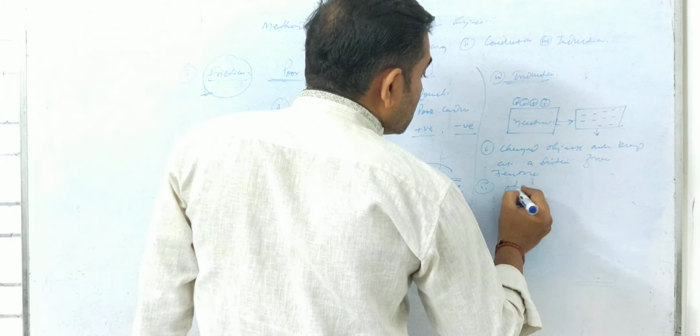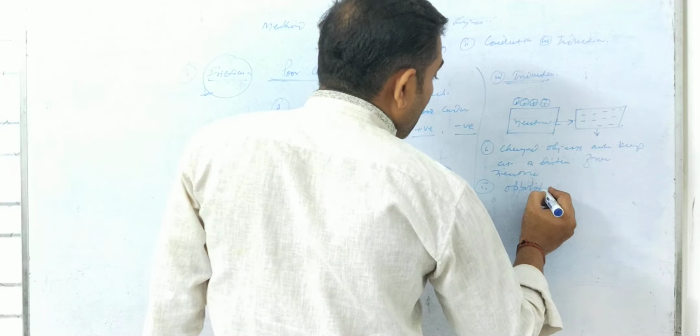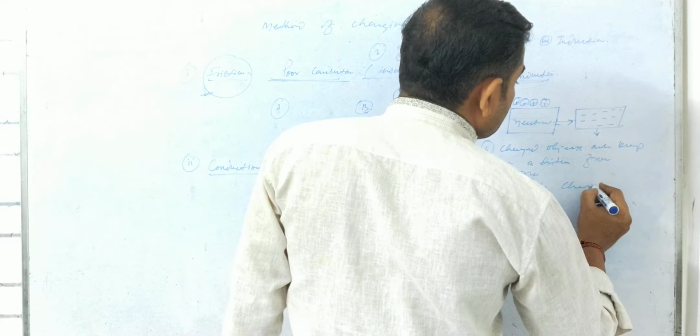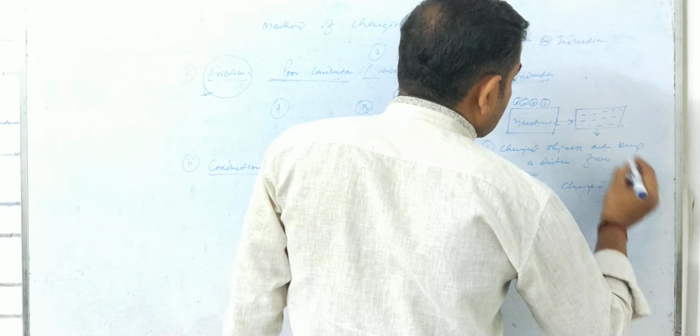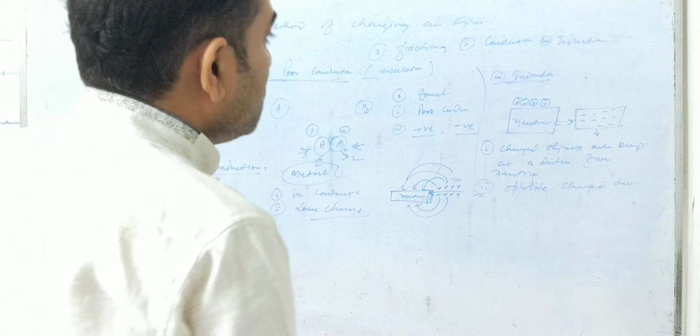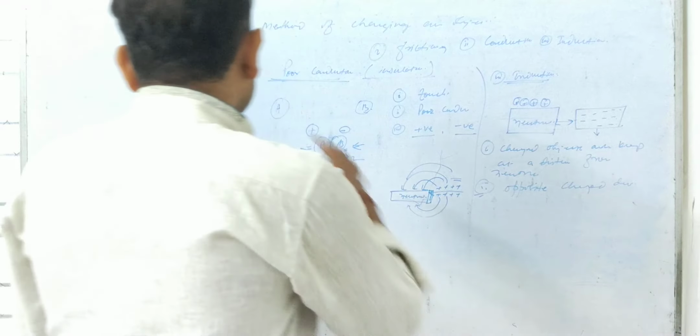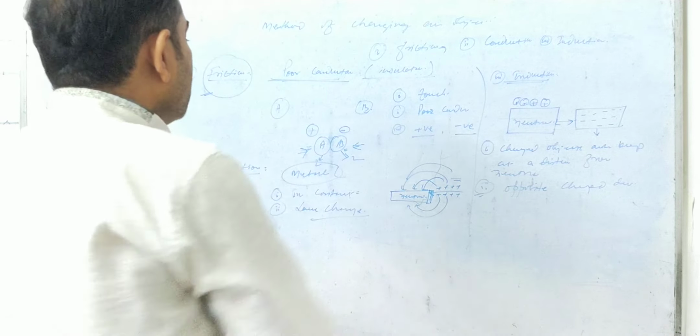Second, opposite charge is developed on the object. So the object does not contain the same charge, but the opposite charge develops on the neutral object. So we have the three methods of charging an object.